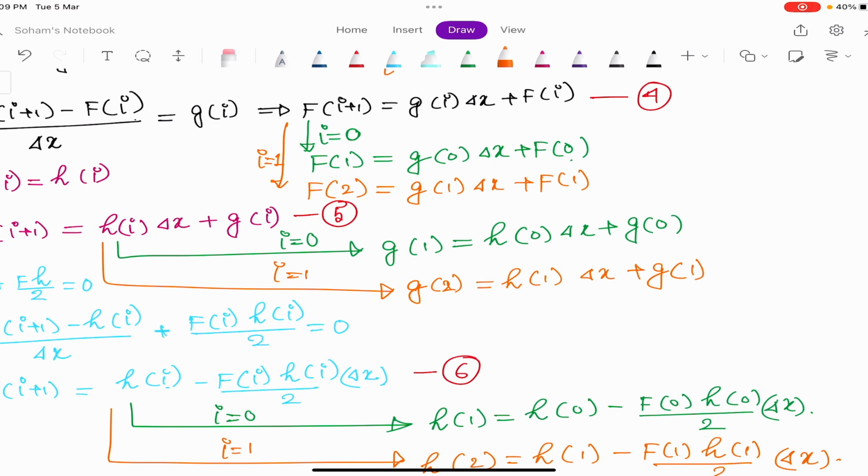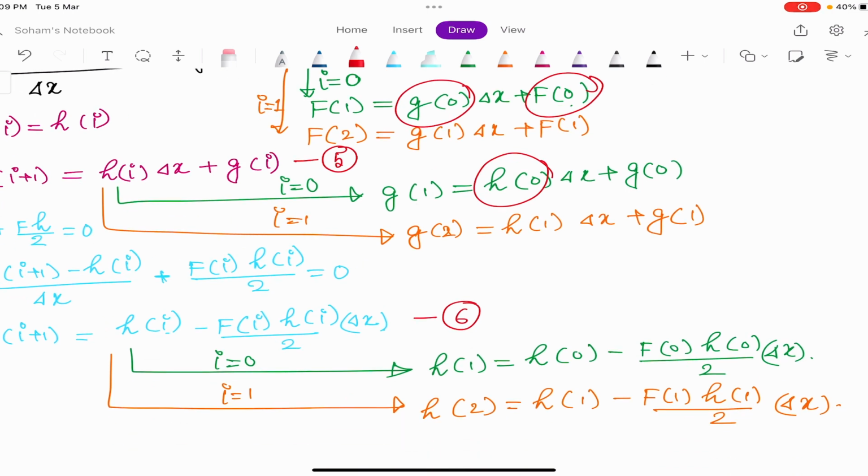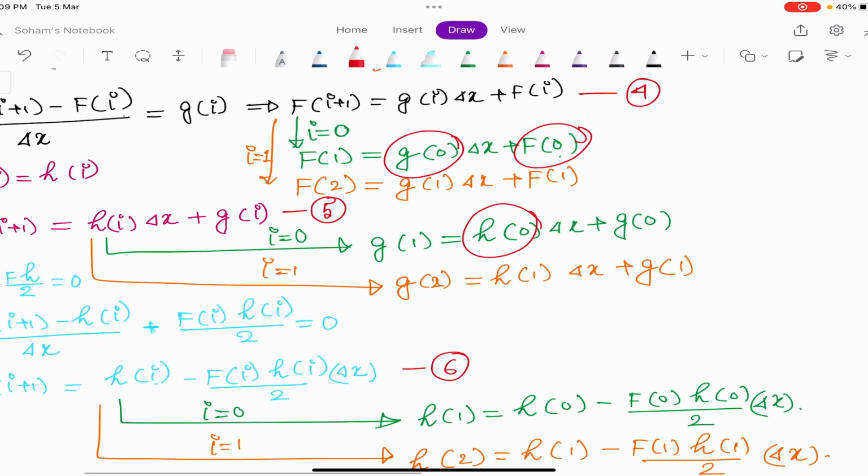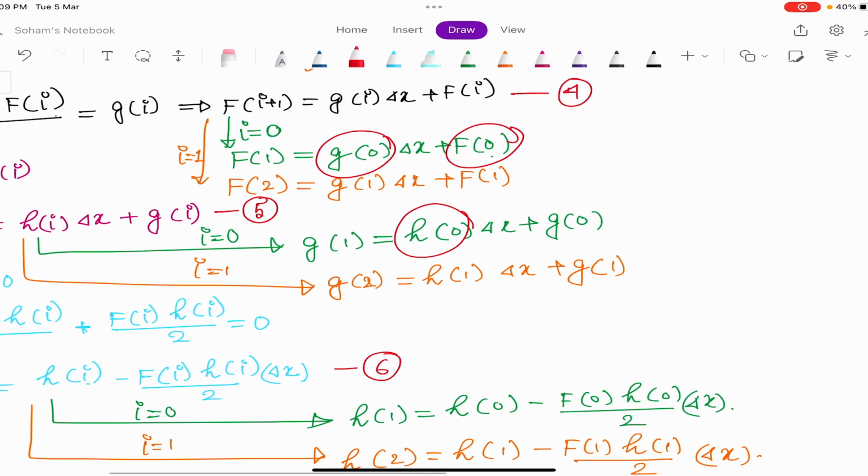But to start the solution, you need to know the values of g0, f0 and h0, and then you can proceed. So for I equal to 0, you need g0, h0, f0, that is the initial conditions for each function.